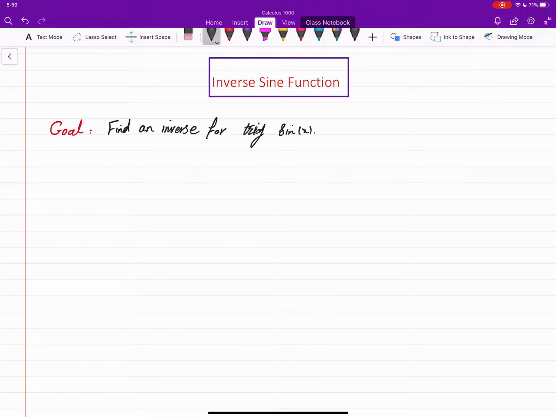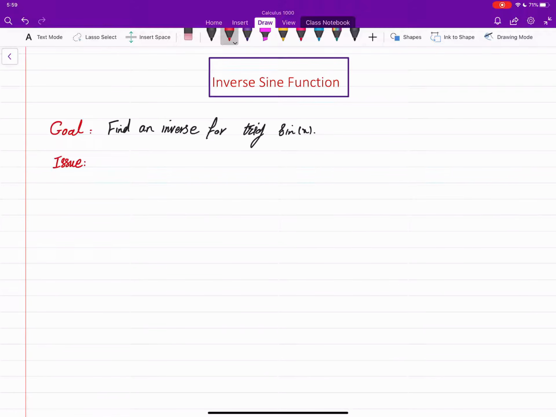Very nice, because if you find the inverse of such a function, it will be useful. You will find more interesting identities and so on. But right away, there is this issue that an inverse function exists only for one-to-one functions.